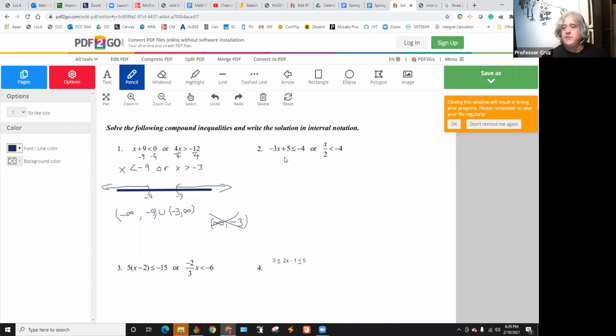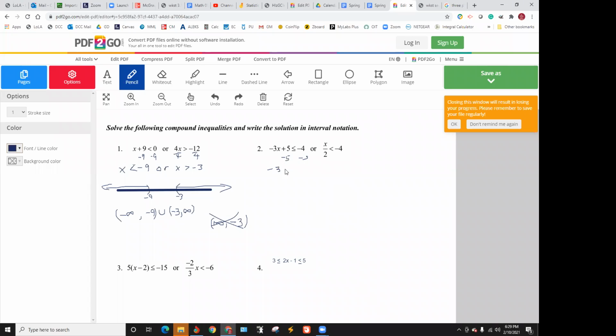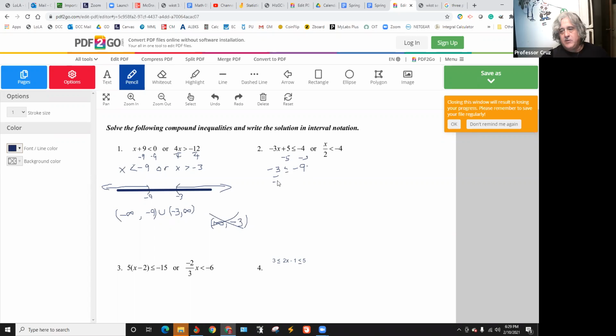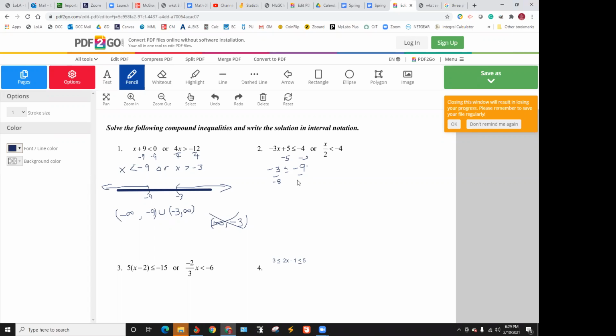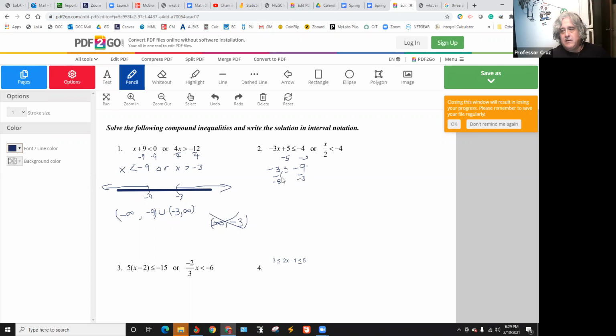All right, on this one, what do we got? For that one, I got x is greater than or equal to 3. And x is less than -8. So this is x is greater than or equal to 3, right?